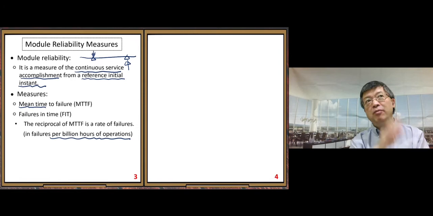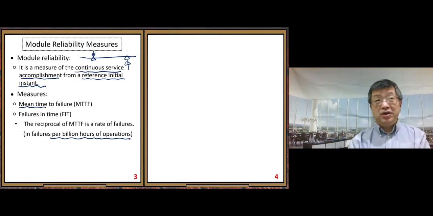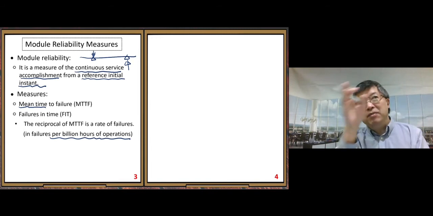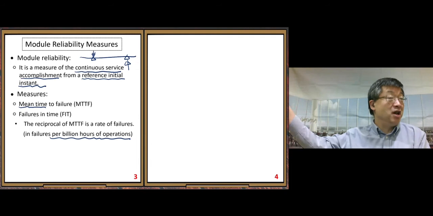So we go back to 1 million MTTF. If we use this one, you multiply by 1 billion, you will get 1,000. Then you get this failures in time, FIT, per billion hours this time, not per hour.